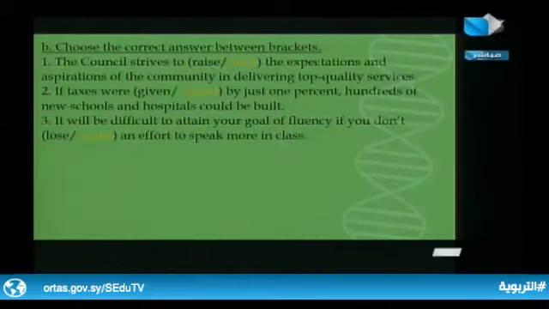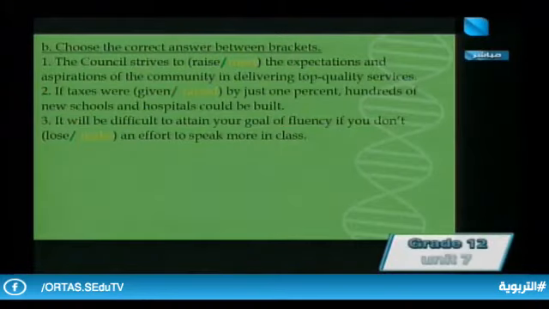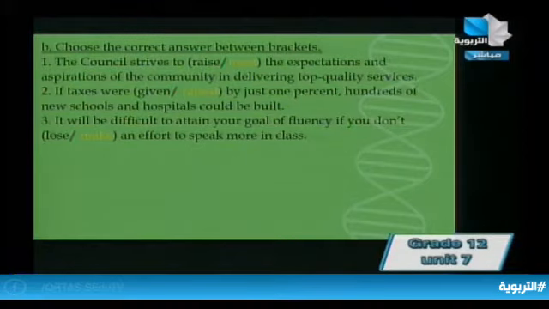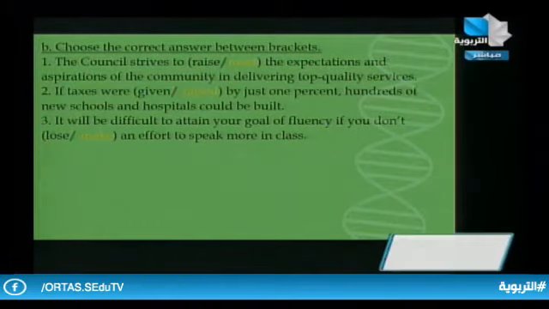Good. Number 3, it will be difficult to attain your goal of fluency if you don't lose or make an effort to speak more in class. Of course, the answer here is make an effort.